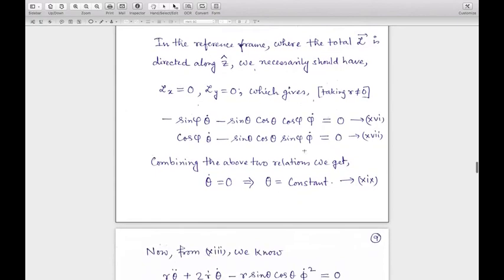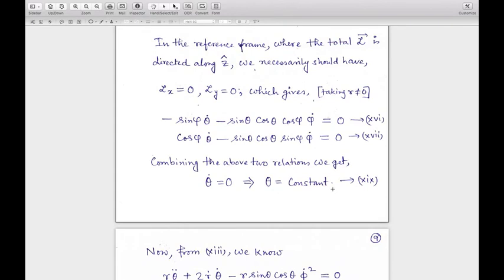If you combine both relations by multiplying sine phi with this and cos phi with this, and subtract equation number 16 from equation number 17, you will simply have cos square phi plus sine square phi times theta dot is equal to 0, because both of these terms will then cancel each other, right? That means theta dot is equal to 0. This is a very important conclusion.